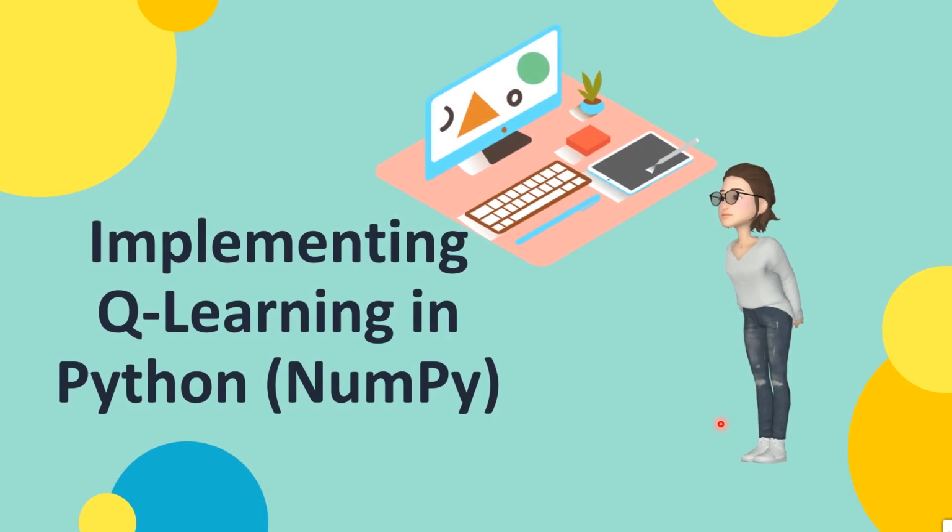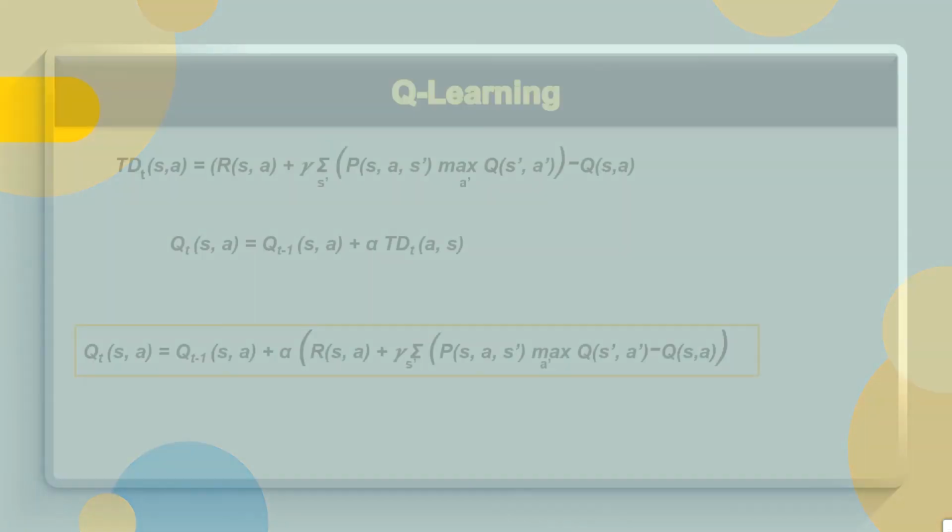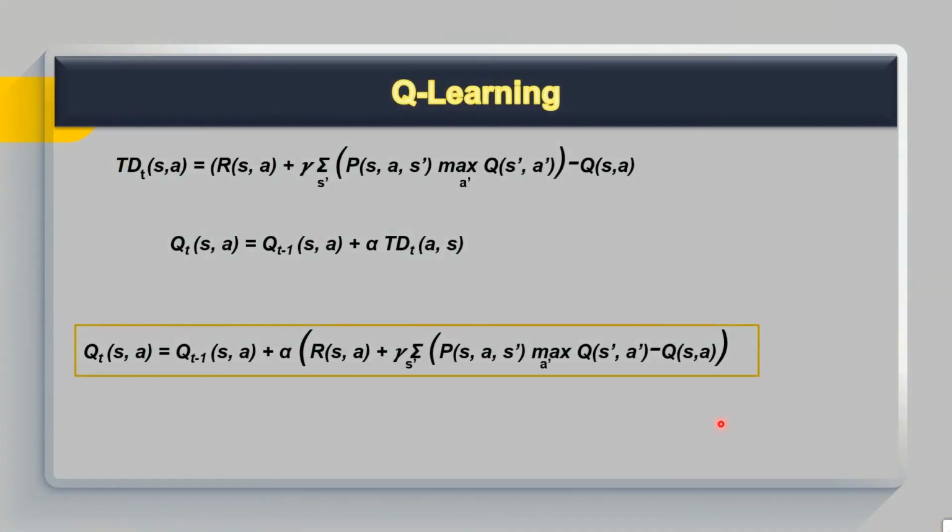Now this is the final equation of Q learning. So let's see how we can implement this and obtain the best path for any robot to take.